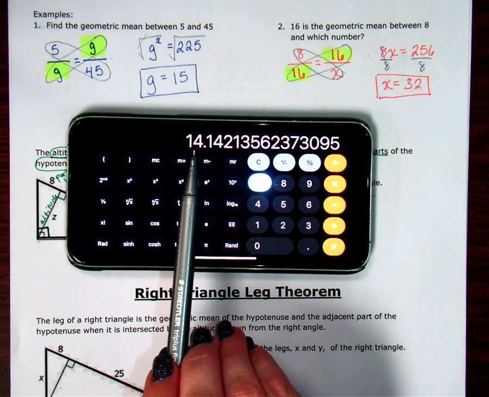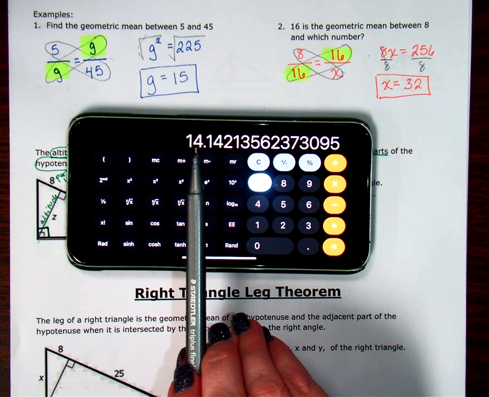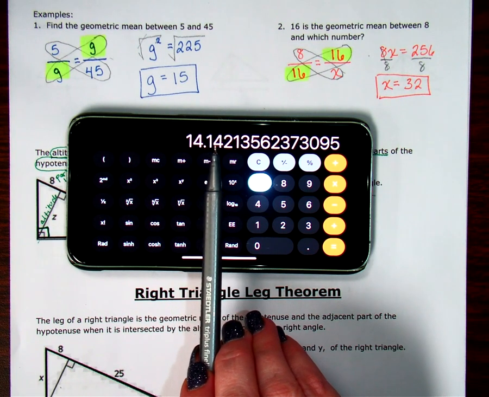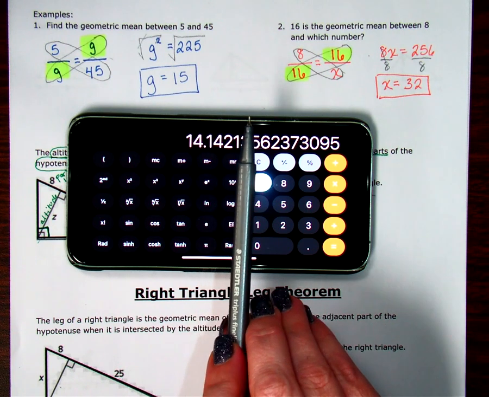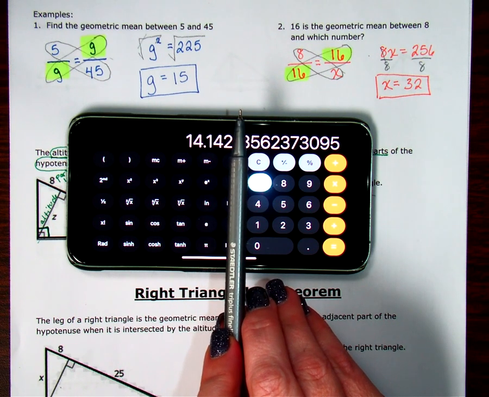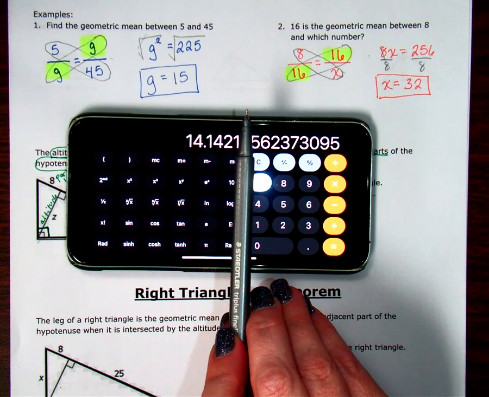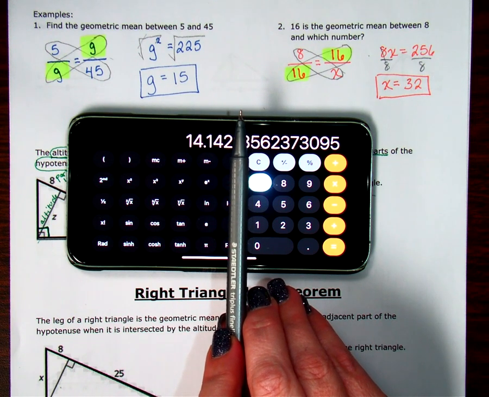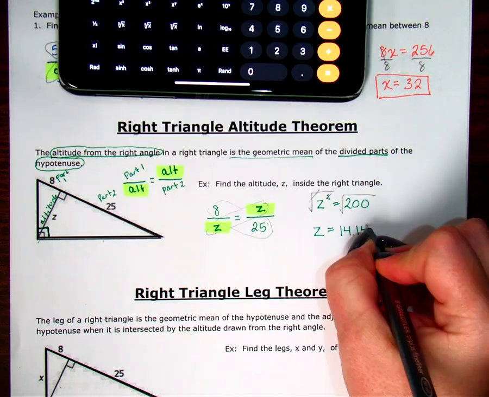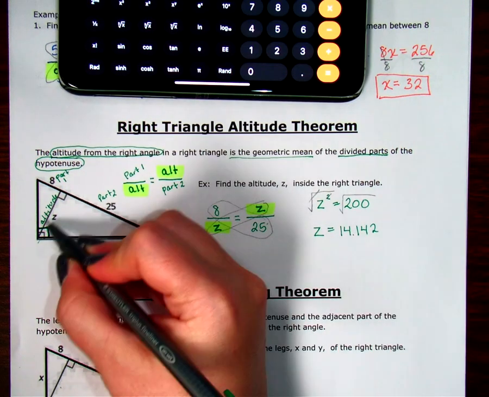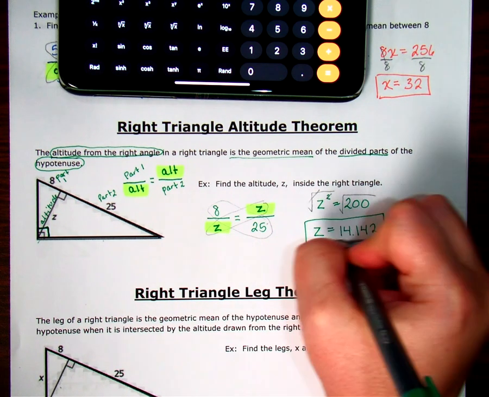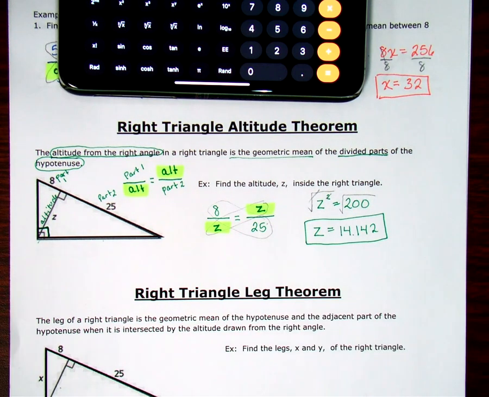In geometry we're always going to round to 3 places. So 14 point and then 3 places: 1, 4, 2. Then I look after the 2 to see if I have to go up or down. Since it's a 1, I don't go up. I'm just going to stay at 14.142. That's my answer: 14.142 is z, the altitude of this triangle.